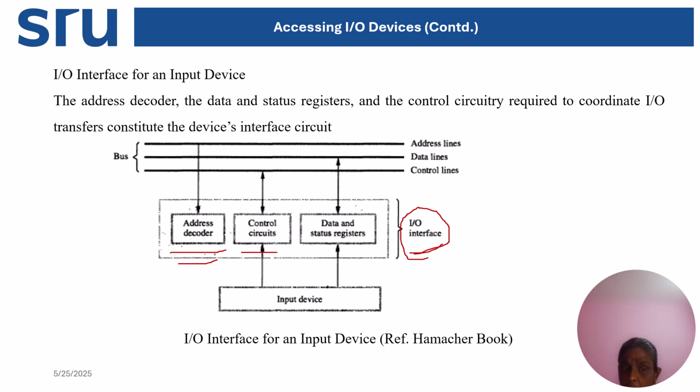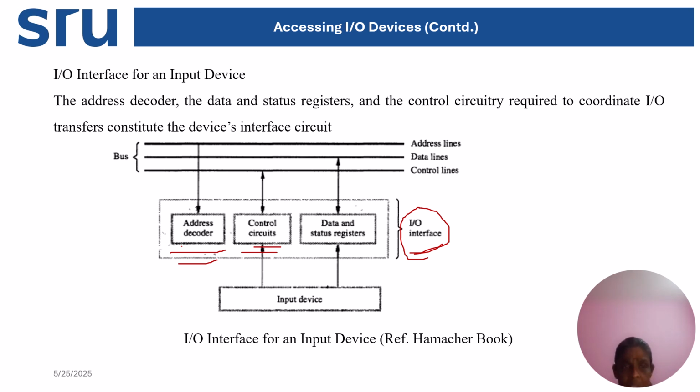Then the control circuit carries the control signals, and what control signals we will see in the next slide. The data and status registers will have some flags indicating conditions, which will also be seen later.